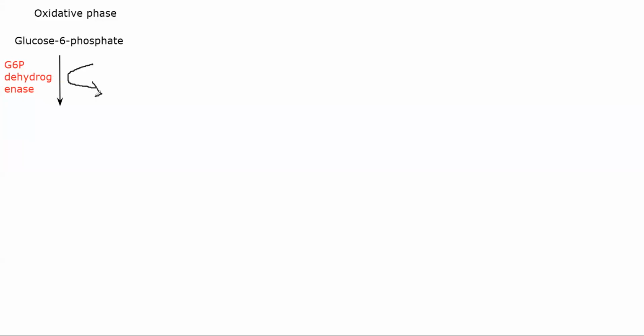So what ends up happening is you take NADP plus and you reduce it. So you're oxidizing glucose 6-phosphate while reducing NADP plus, basically taking hydrogens out of it, and you form NADPH plus H plus.